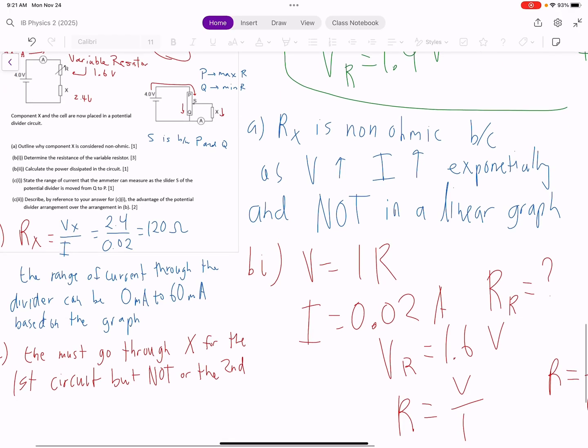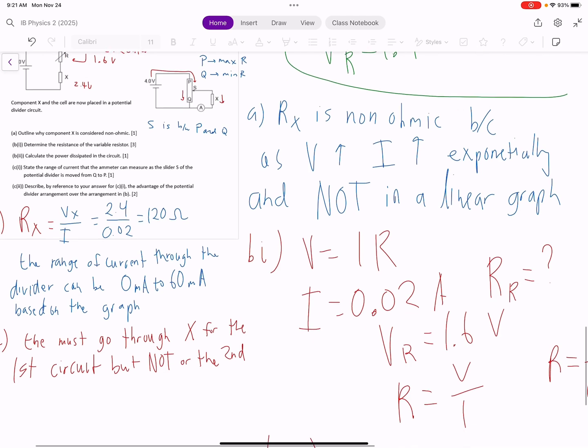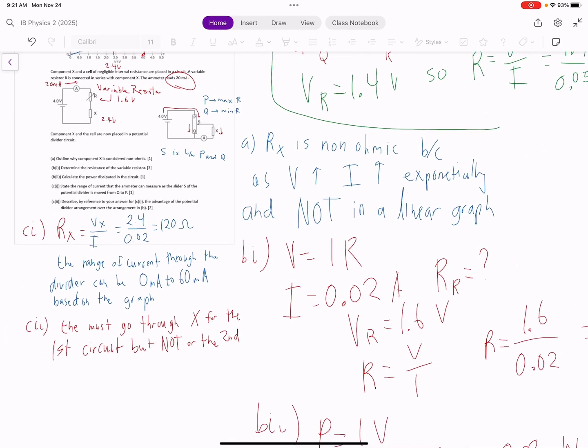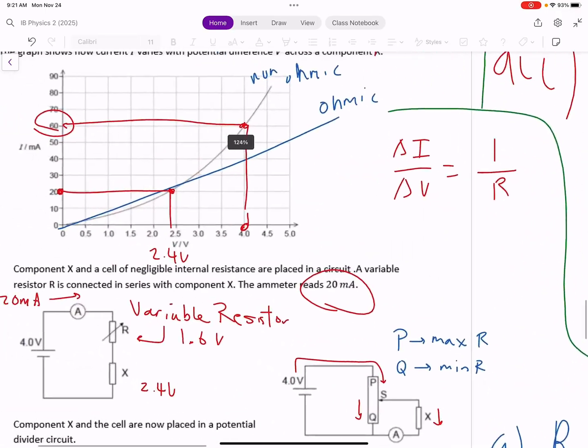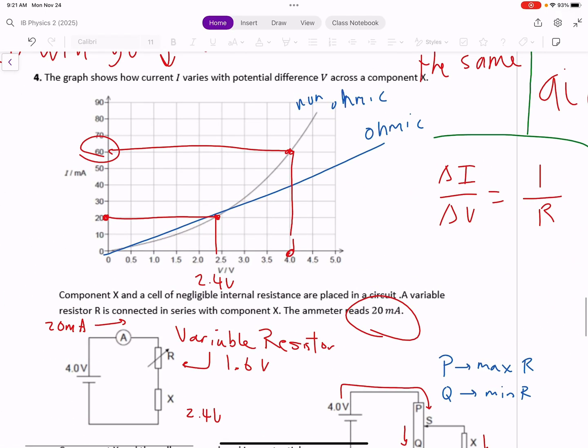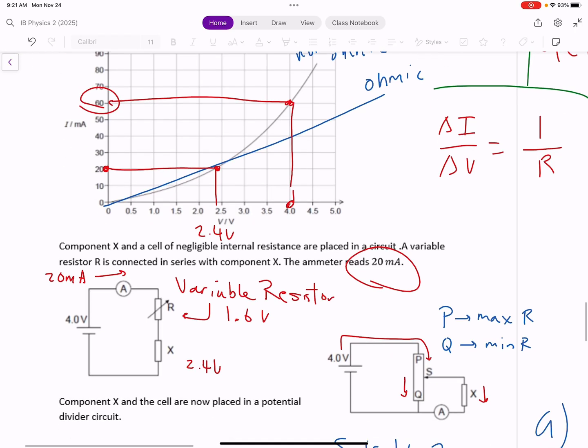We know VR equals 1.6. I have to go back to the graph here. We know X has voltage of 2.4 because it has a current of 20 milliamps, if you use the graph the exact same way you used the graph in question 3.